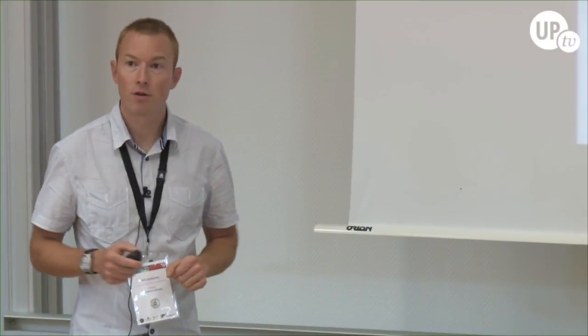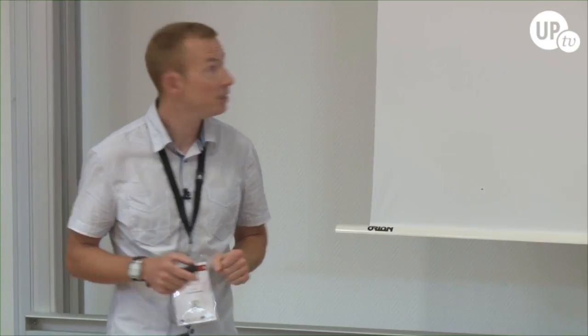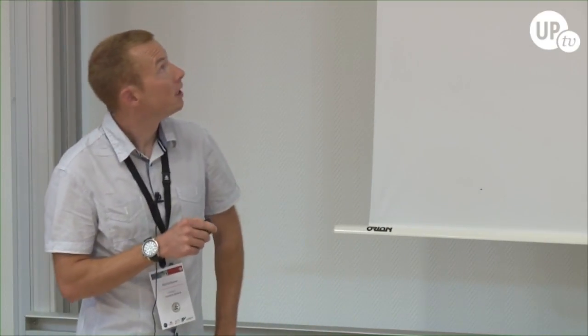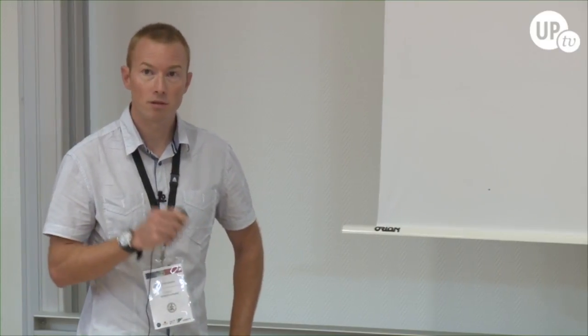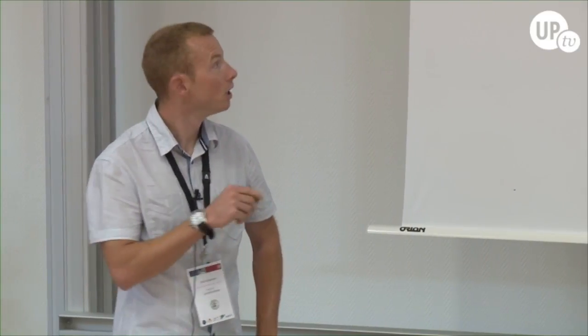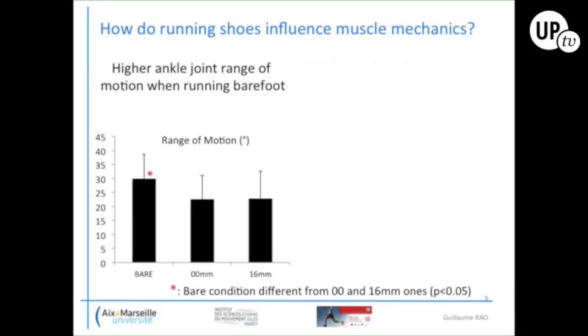Interestingly, some other results were significantly different. The first one is the range of motion at the ankle joint. It's a known result that when you are running barefoot, the range of motion at the ankle joint increases. And in our data, it increases by almost 10 degrees with respect to the shoe conditions.